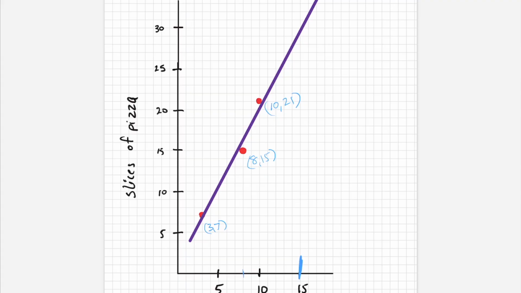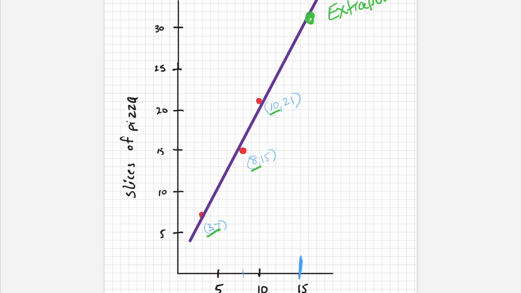Now, in this case, I did something called extrapolation because I went outside my data set. You see, I had points for 3, 8, and 10, and if I go outside and want to make a prediction for somewhere beyond that, that's going beyond the scope of my data, and that's called extrapolation. We'll get to this where you can write this down in a minute.